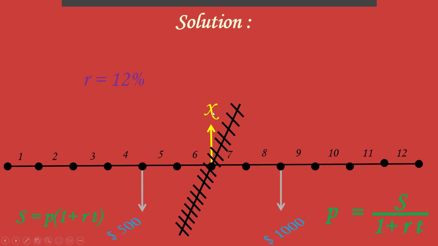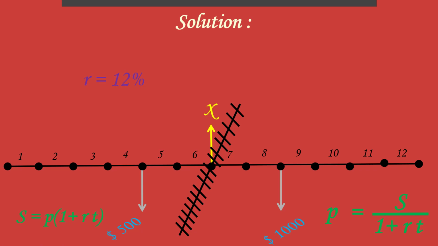The new obligation X lies on the same date as the focal date. According to the position of the focal date, there is a single payment at the same time, the new obligation, and one of the old obligations before it and the other after it.